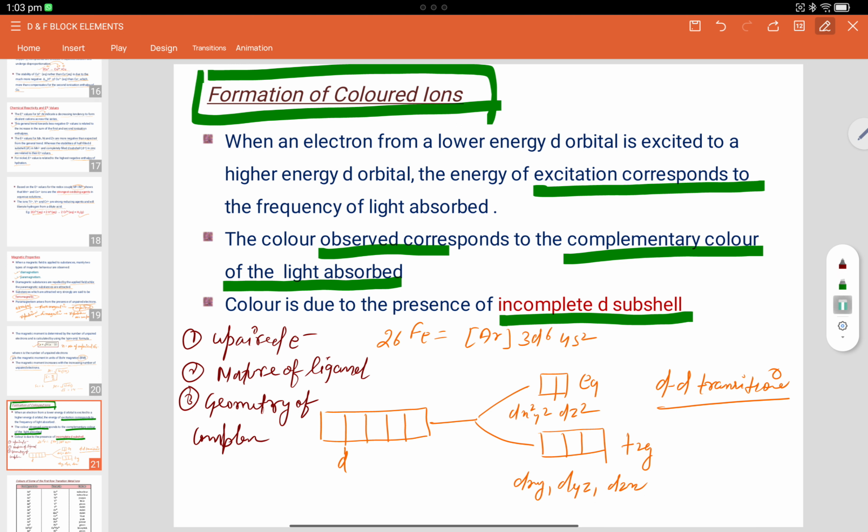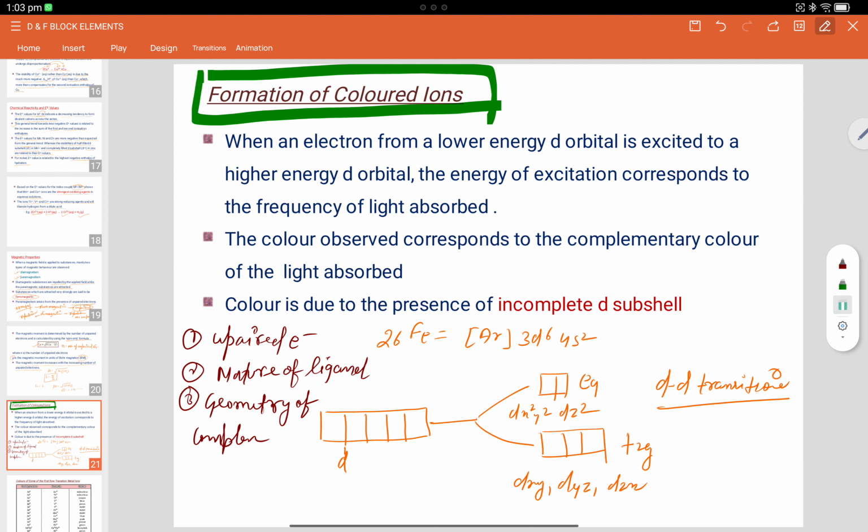So you can check what is written: when an electron from a lower energy d orbital is excited to a higher energy d orbital, the energy of excitation corresponds to the frequency of light absorbed. The color observed corresponds to the complementary color of the light absorbed.